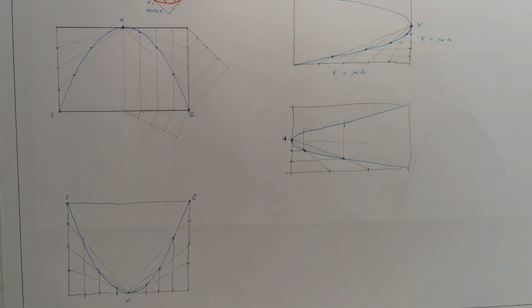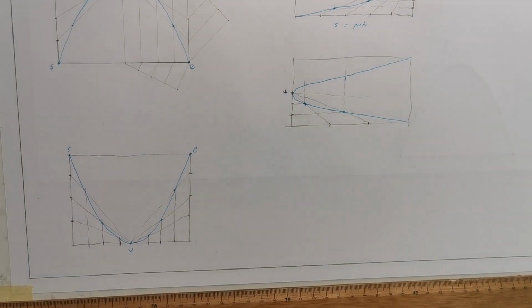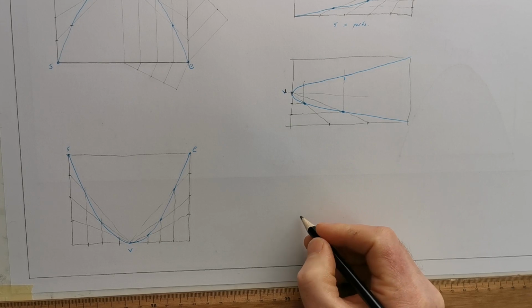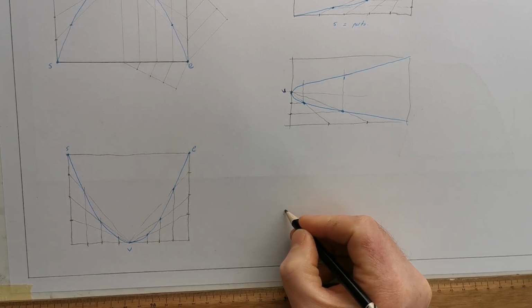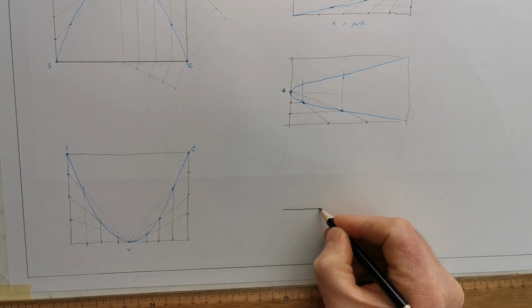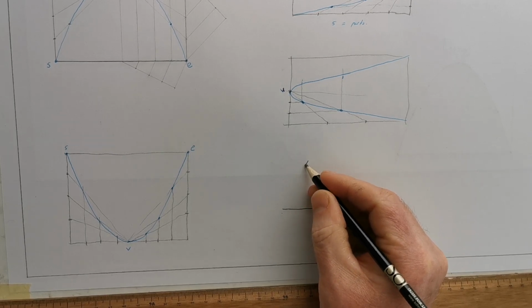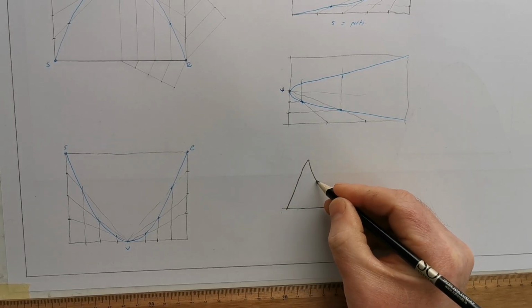Now, the last thing I will just say about that is that the shape of a parabola actually comes from, if you can picture a cone standing on the ground like that.